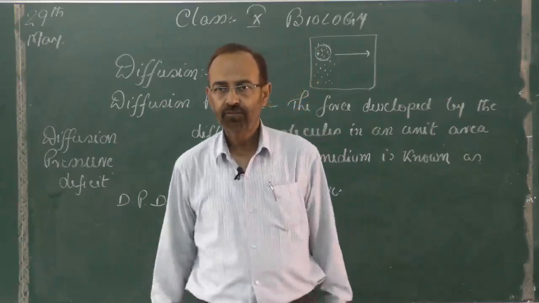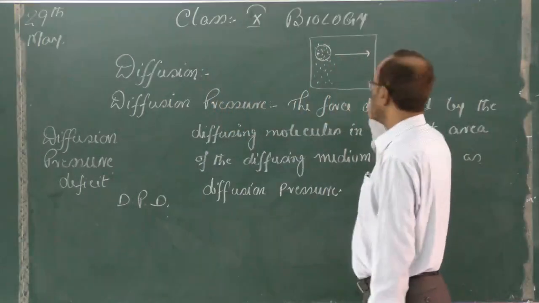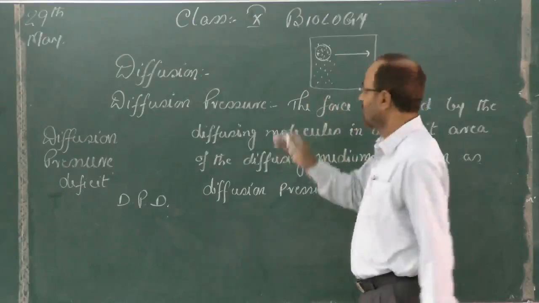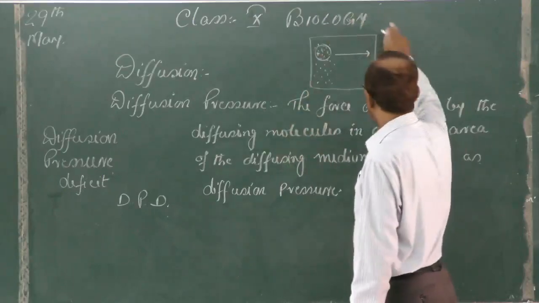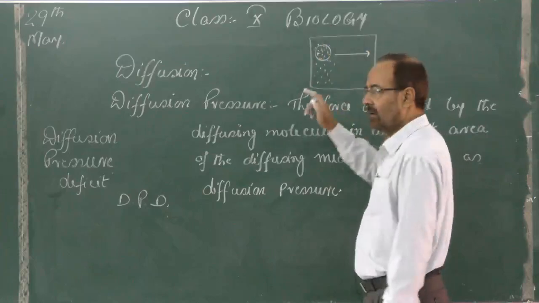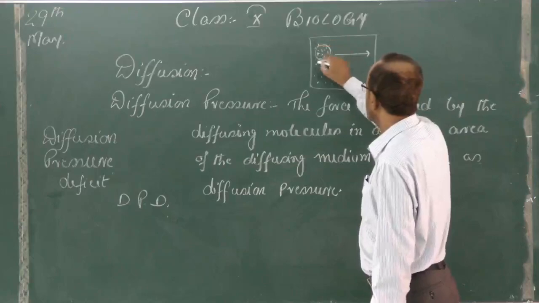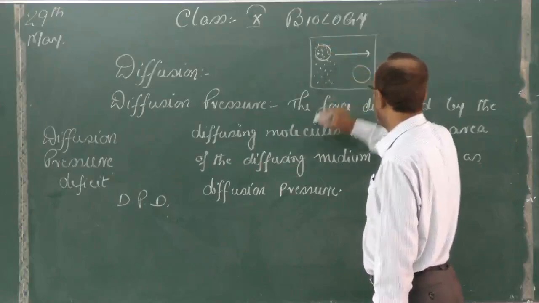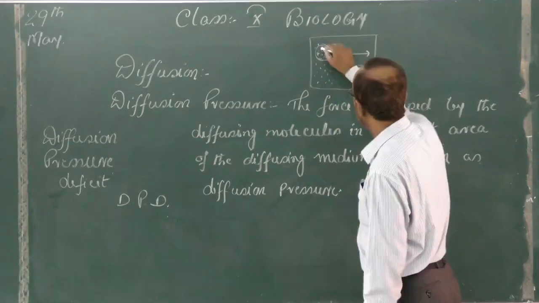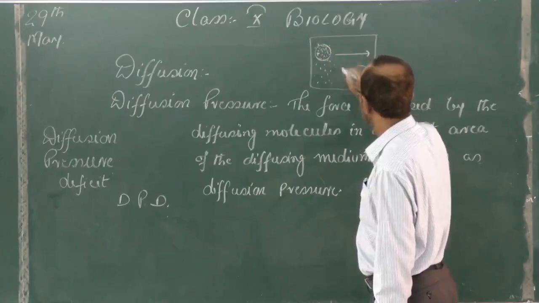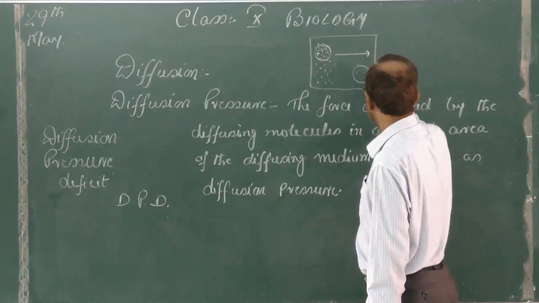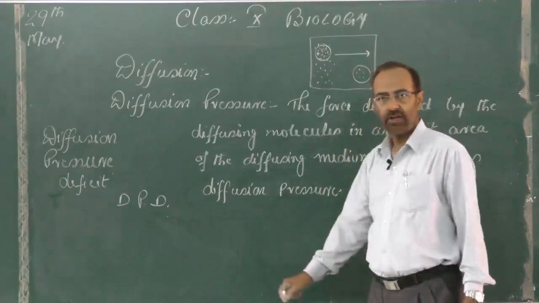Clear? Deficiency. Fine. Suppose we are considering two areas. Look here, this is the diffusing medium. We are considering this is an area and this is another area. More number of solute particles or solute molecules are present here and less number of solute molecules are here.